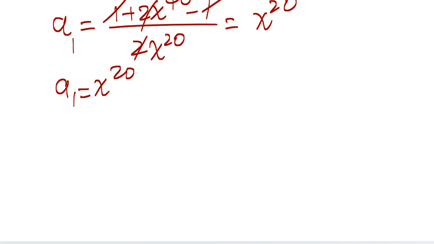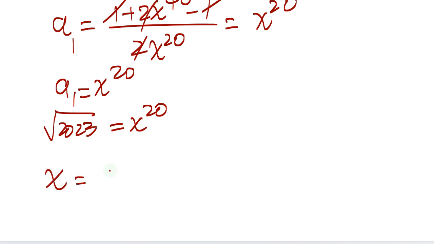So if a1 is equal to x to the 20, it means that what is a? A is the square root of 2023, which equals x to the 20. So it means that x is equal to, well, we simplify here by 20, so we're going to have 2023 to the power of 1 over 40.